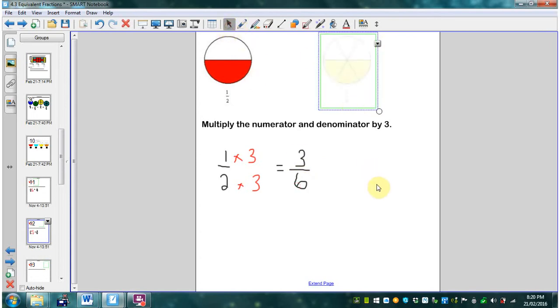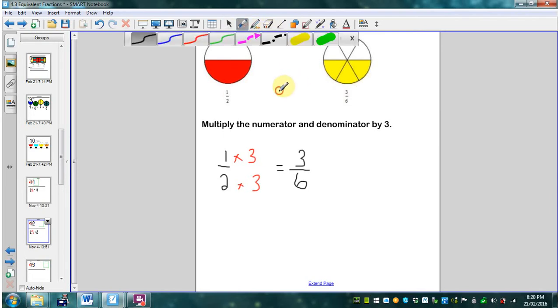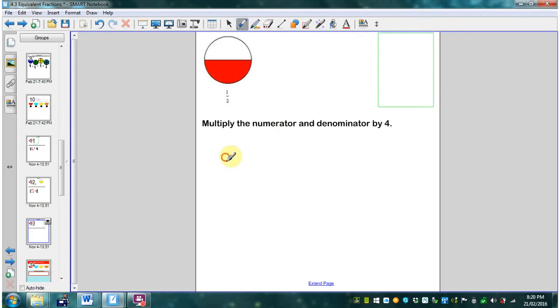And when we look, that's one of what we call equivalent fractions. Okay, the same amount of the circle is shaded, it's just written a little bit differently. So we see this equals that. One last go. 1 over 2.